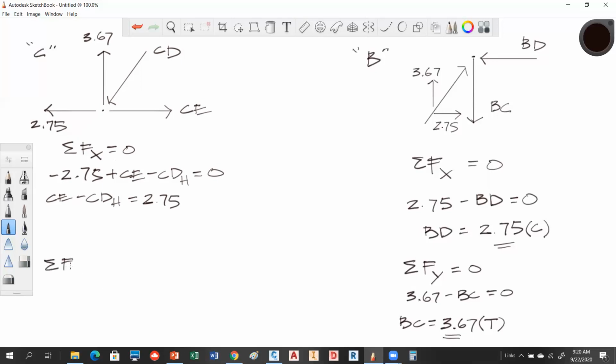Sum of forces in the y have to equal 0. So in the y we have 3.67. And this guy's acting down, so that would be a minus CD vert. This guy has no vertical component, so then that has to equal 0.